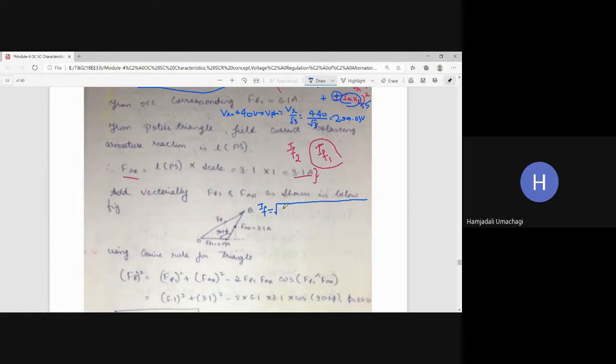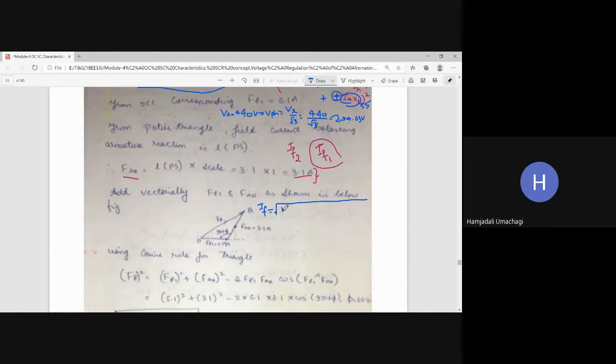Square root of IF1... Next you write, since IF1 is equal to 6.1 ampere and IF2 is equal to 3.1 ampere.